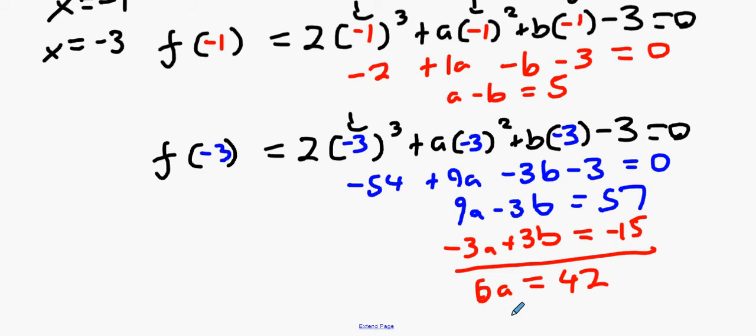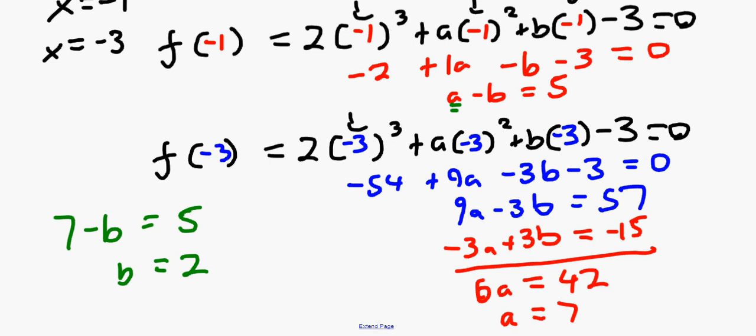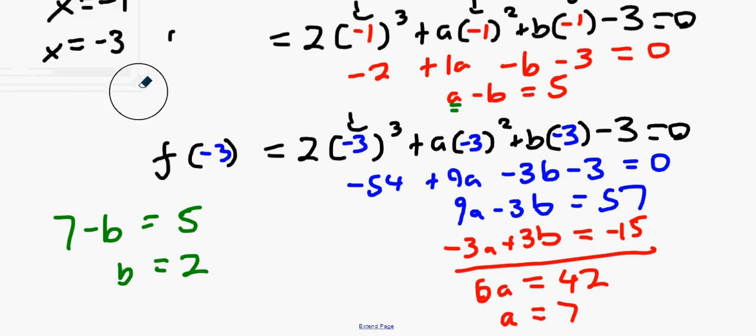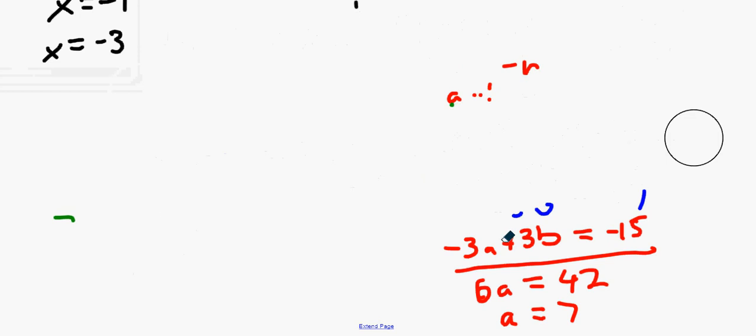A equals 7. So a equals 7. Now, if a equals 7, what does that mean about b? Huh? B equals 2. Alright, pause it there. So, 7 and 2. Like this.